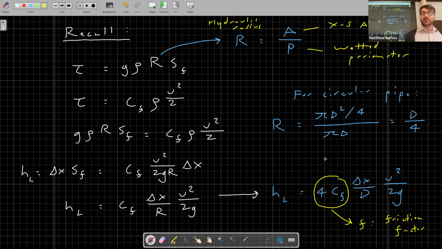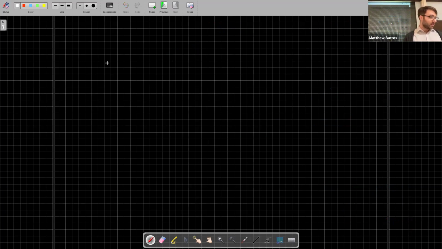So let's take our expression for the head loss. We have that the head loss is equal to CF times delta x divided by r. So this is the general case. We have, maybe, a non-circular hydraulic geometry times u squared divided by 2g. We can re-express this in terms of the discharge.